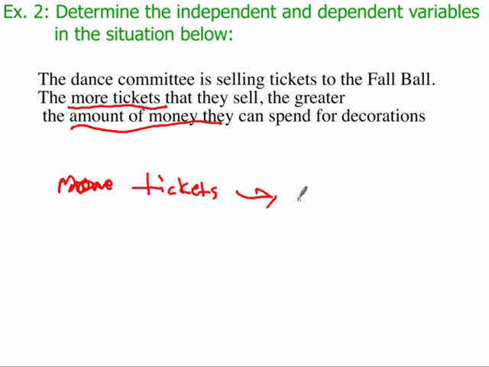What comes out? Money. So tickets are our independent variable. And money is our dependent variable. All we got to think is that as tickets get sold, money goes up. All right, so that's all there is to it.